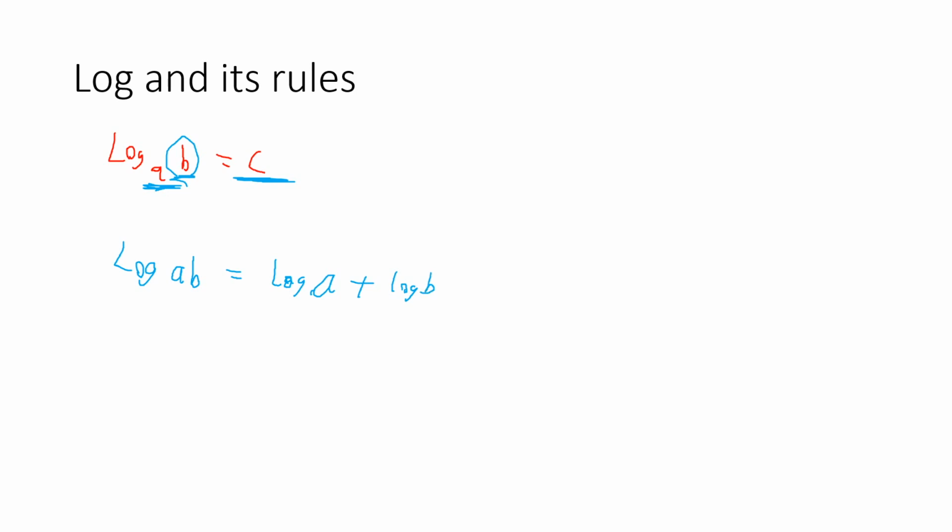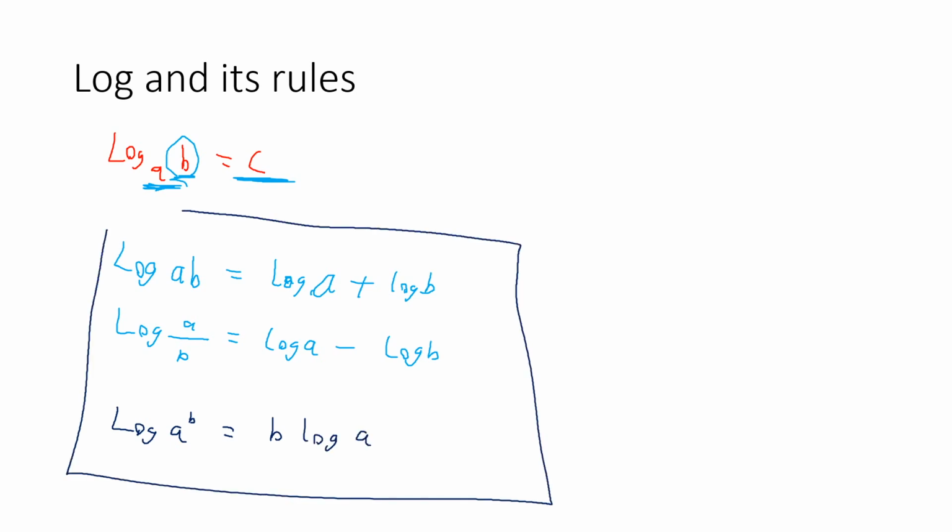So if that's log of a times b, then log of a over b is equal to log a minus log b. All right? And finally, log of a to the power of b is the same as b times log a. All right? Those are your three fundamental rules of logs.